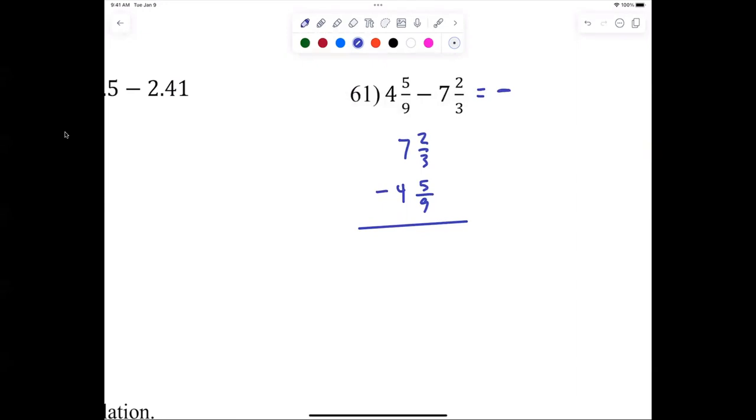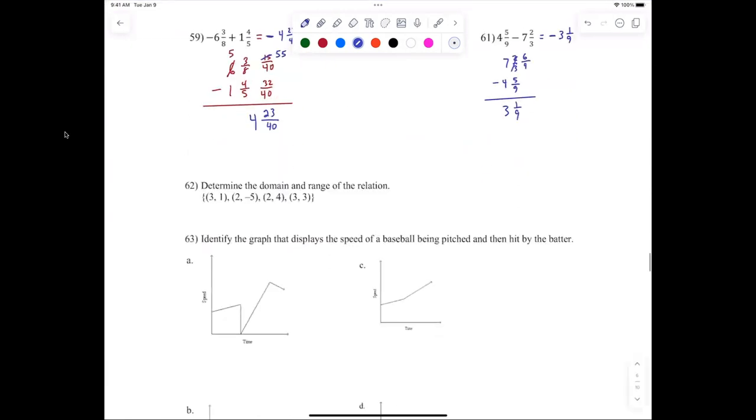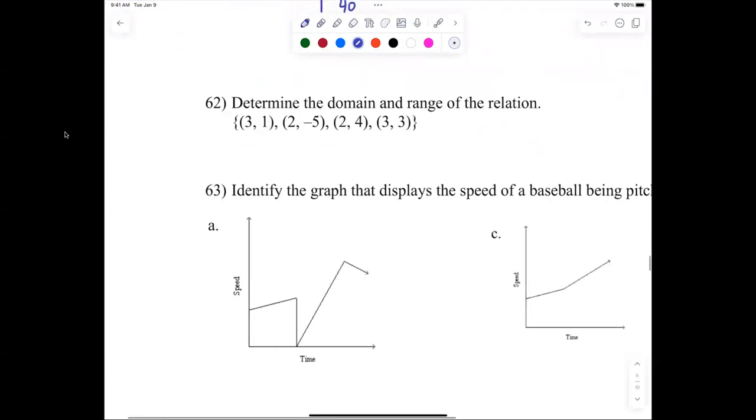So this one's good because do I have to borrow? No. So this 7 minus 4 is 3. 6 minus 5 is 1. So it's negative 3 1/9. Everybody's good with that, right? Okay.